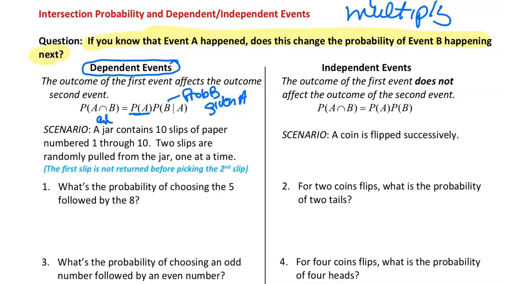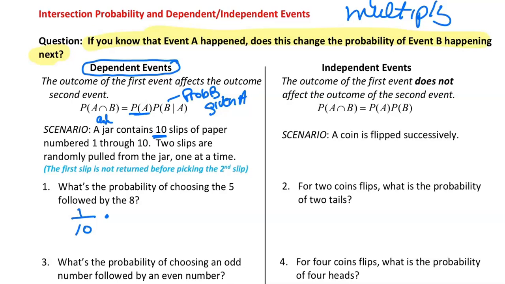Okay, so there are 10 slips of paper. So I reach in, I grab a 5. I have a 1 in 10 chance of grabbing that 5. I do not return the piece of paper that I pulled that had the 5. I keep it out. Then I reach in and pick again.